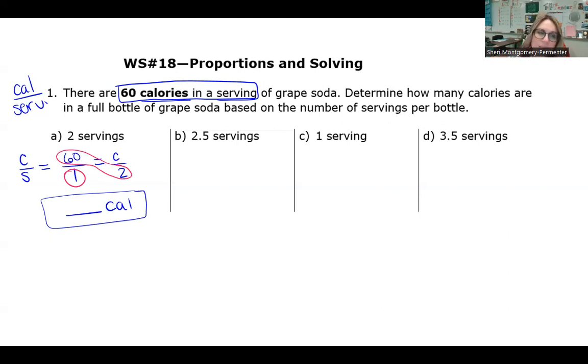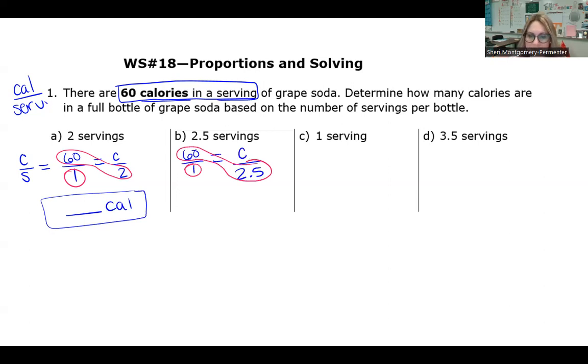The next problem, it sets up the same. In fact, all of them are going to set up the same, where you've got 60 calories over one serving. So B, C, and D all set up like that. 60 calories in one serving. And then this problem says, well, how many calories are in 2.5 servings? We're going to solve it the same way. You can do bat and ball.